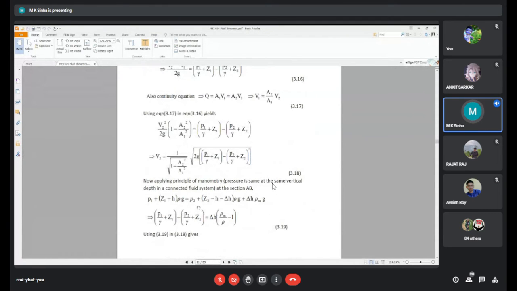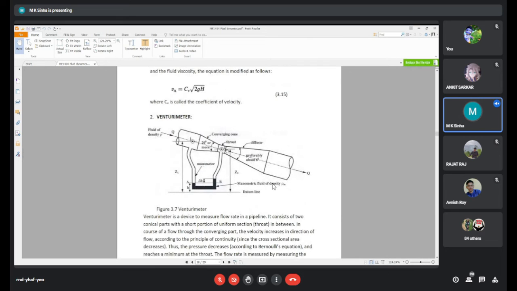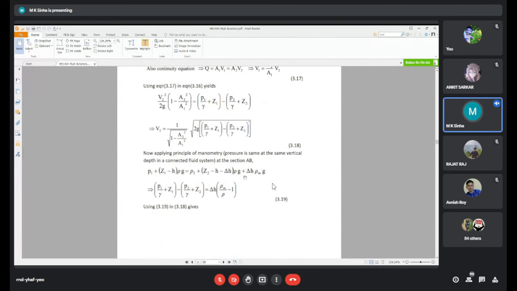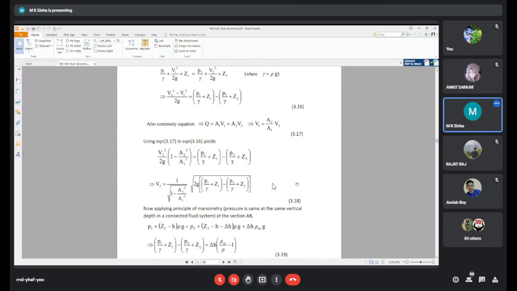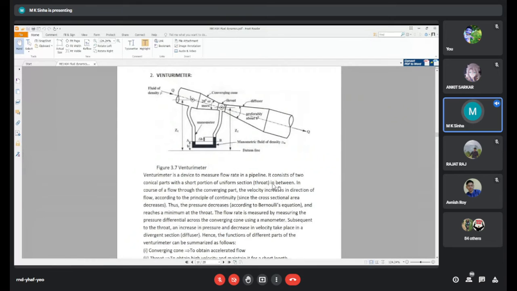So P2 is the pressure at the throat, Z2 minus H minus del H, into rho G. Z2 is the elevation from the datum to point 2, minus H, the datum to the AB level height, and del H above, into rho G, plus del H into rho m into G acting on the right side.